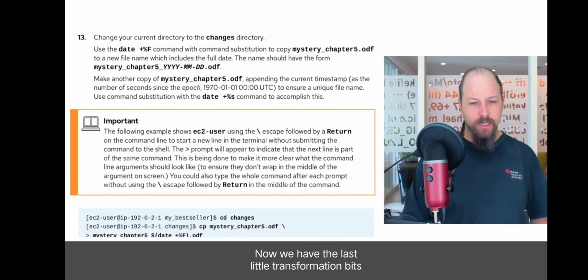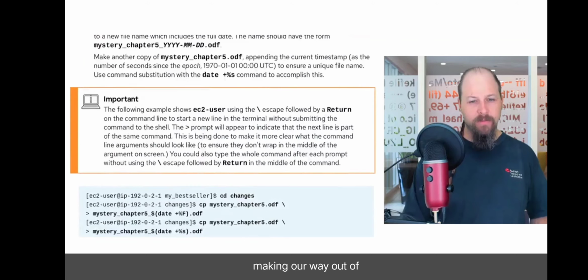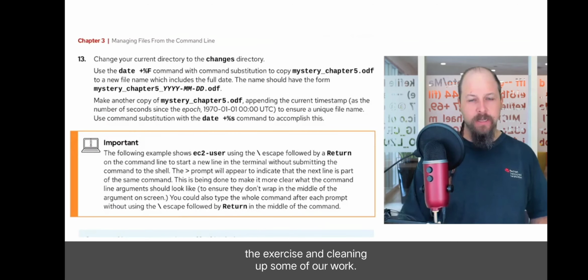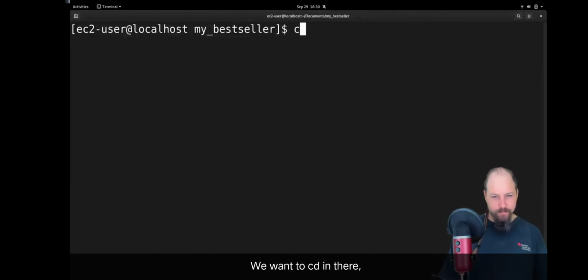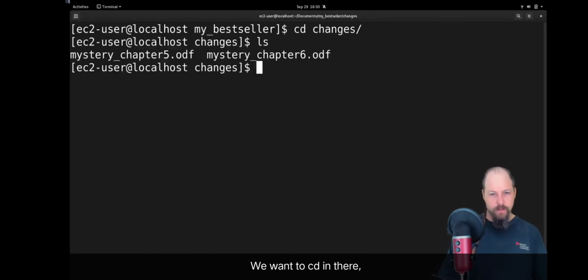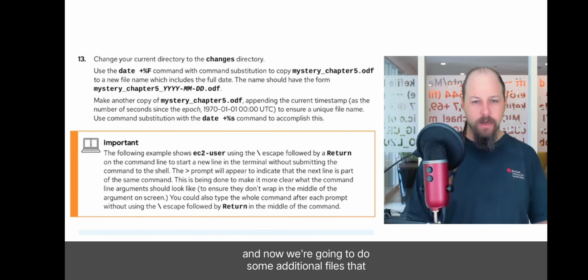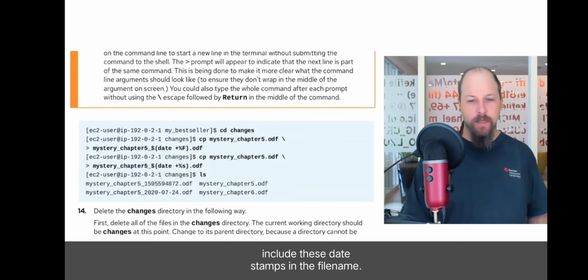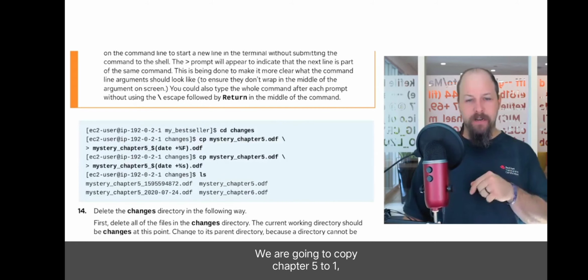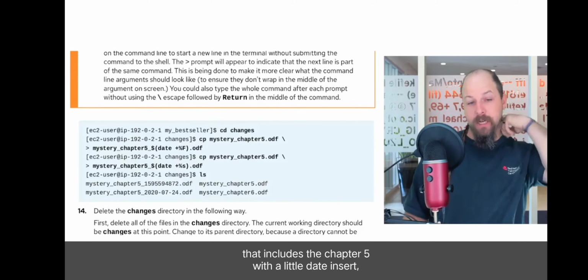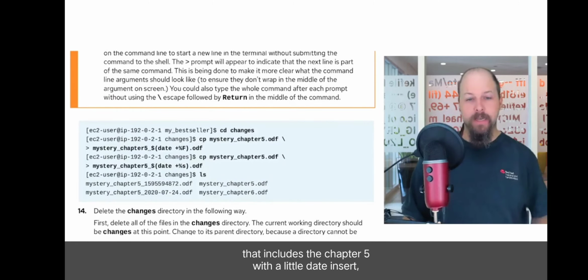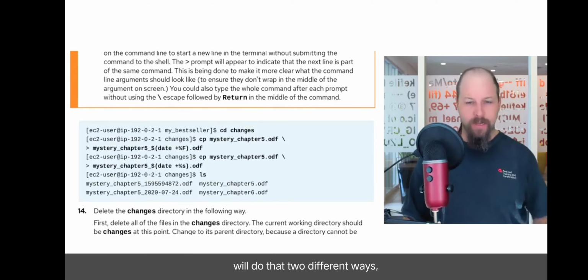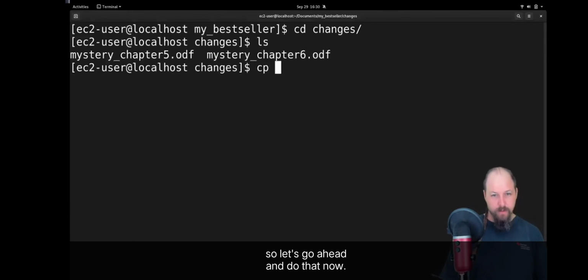So be advised, these instructions are very explicit when you're supposed to copy and move. Now we have the last little transformation bits we want to do here before we start making our way out of the exercise and cleaning up some of our work. So we want to cd in there. And now we're going to do some additional files that include these date stamps in the file name. So we're going to copy chapter 5 to one that includes the chapter 5 with a little date insert. We'll do that 2 different ways. So let's go ahead and do that now.